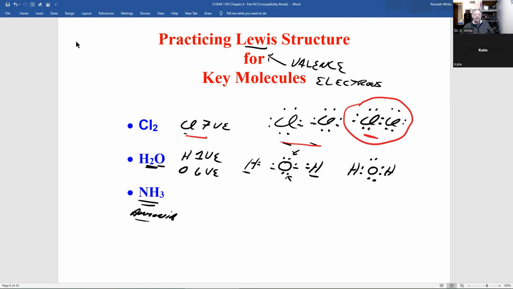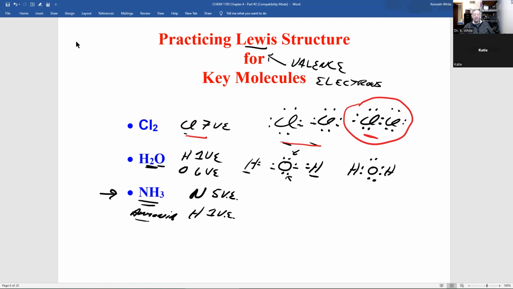But how do you draw the Lewis structure for ammonia? Now, ammonia has one nitrogen and three hydrogens. How many valence electrons does nitrogen have? If you look at the periodic table, you'll see it has 5 valence electrons. Hydrogen still only has 1.